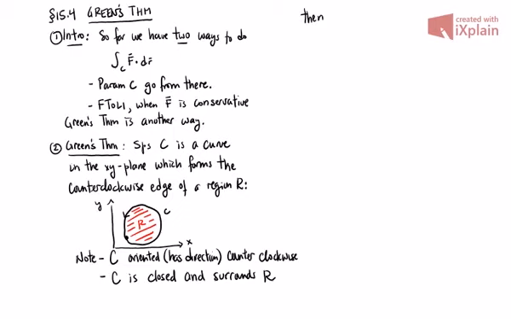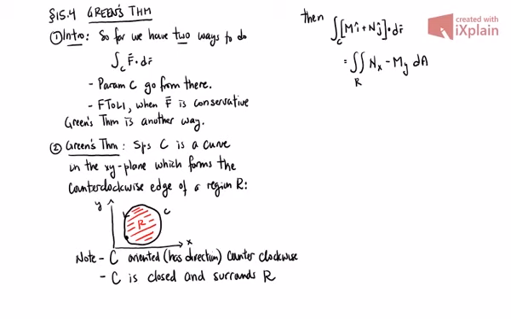So then what it says is, since we're in the xy plane, the vector field that I'm going to have, the F, will only be 2-dimensional. So what it will look like is this. And so what Green's theorem says is that this is equal to the double integral over R of the partial of N with respect to x minus the partial of M with respect to y dA.